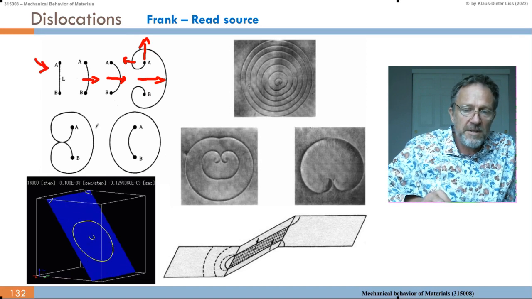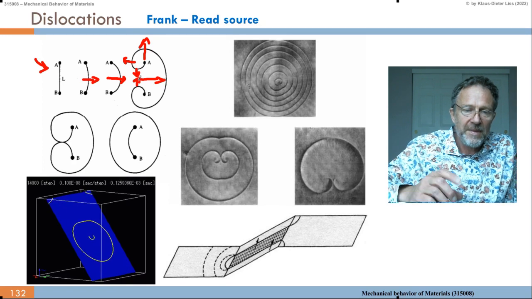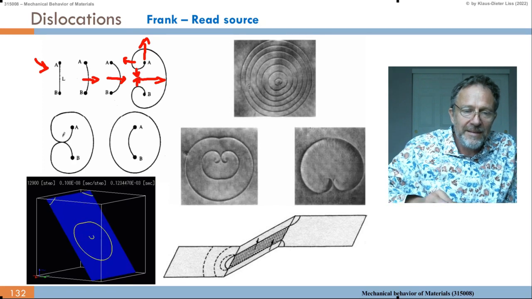It curls over so far until these two parts, of course, they move now in this direction, and this part moves in that direction, and they can recombine to the situation that they split like this. And eventually this part moves in this direction, so it stretches, and that part moves in the opposite direction. This part moves in this direction.